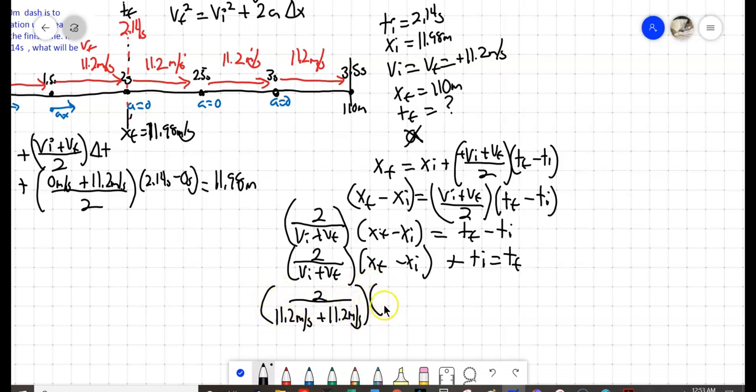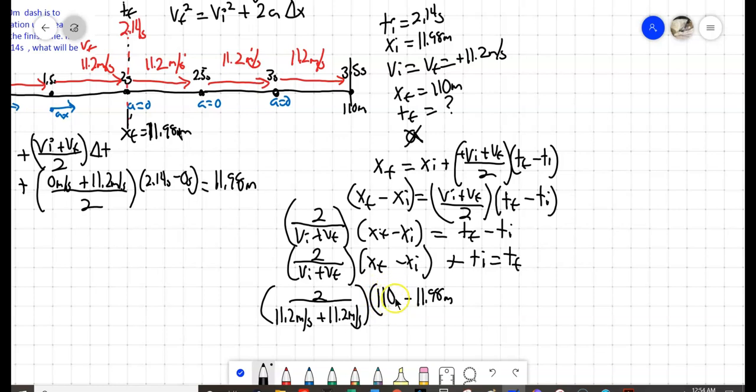The initial position is this midpoint position where he stopped accelerating, and that happened at 11.98 meters.